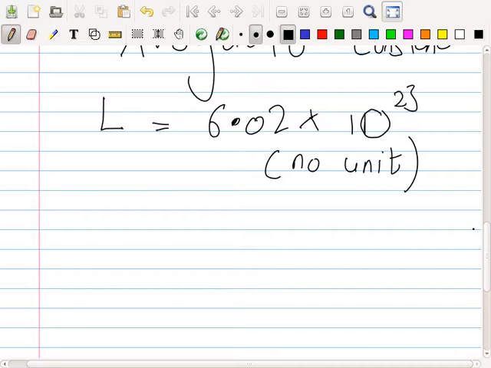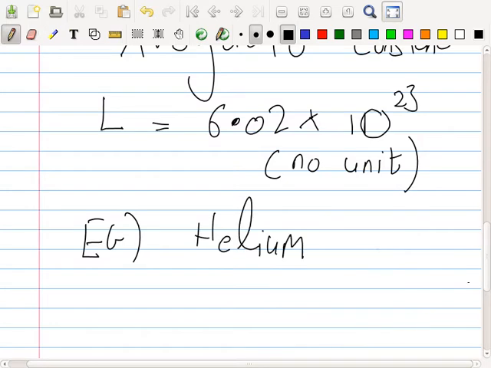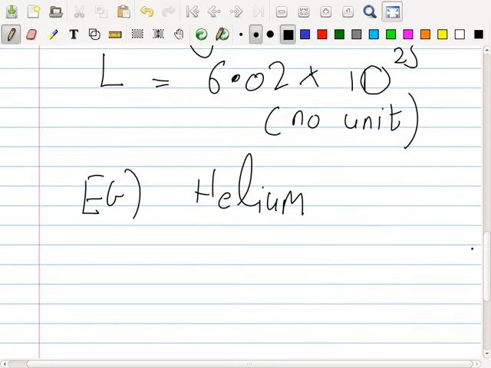Let's take, for example, helium. How do you use this constant for helium? By finding the mole, 1 mole of helium, then multiplying by L. It's a bit tricky.